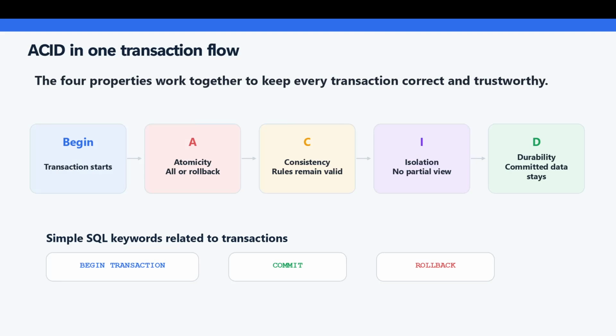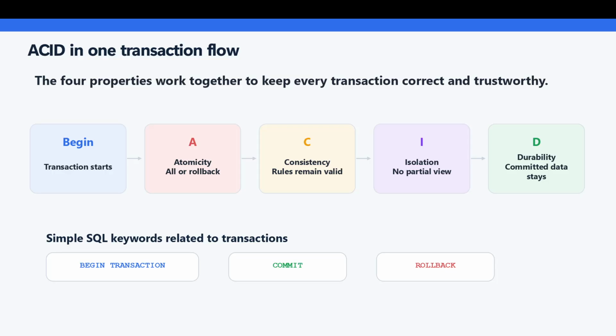Now let us connect all of these four properties in one complete transaction flow. The transaction begins first. Atomicity ensures that all the operations are completed together. If any important step fails, the transaction is rolled back.